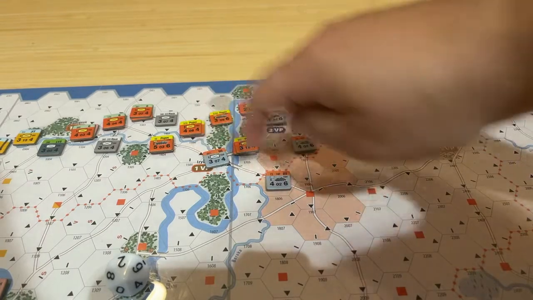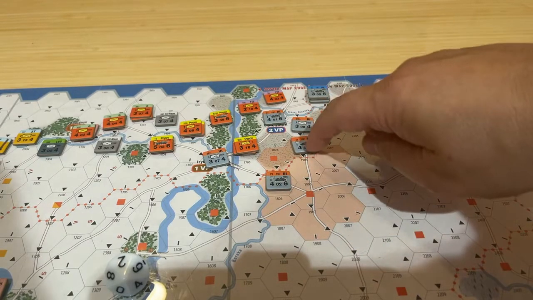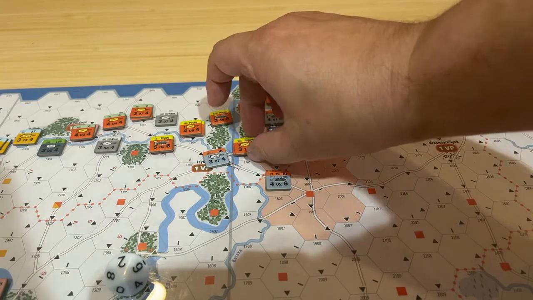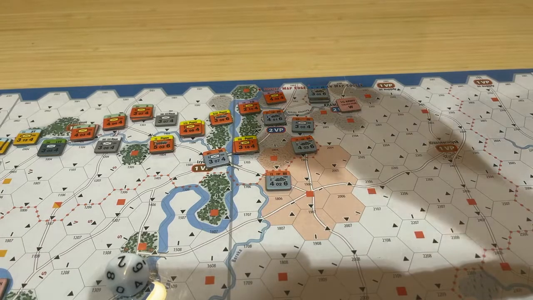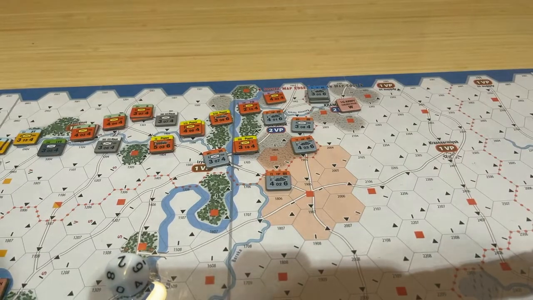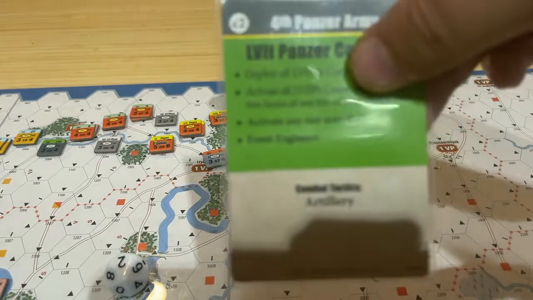So I have 3, 7, 11, 14. They have 6. So that's only 2-to-1 odds because you round down. It's not the best. I mean, I can give them air power, like I can play a card that gives air power or even artillery.